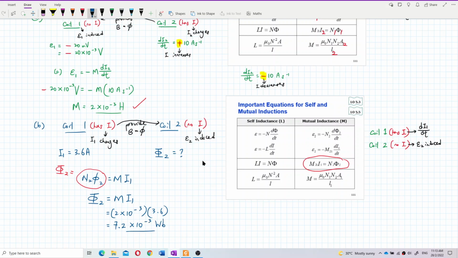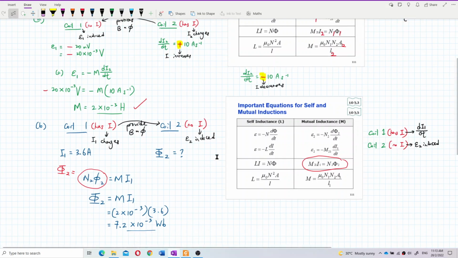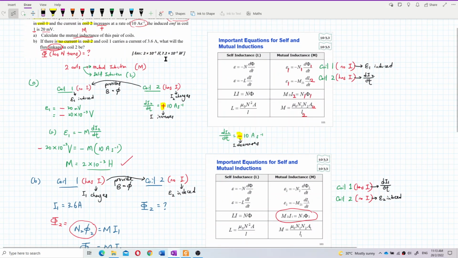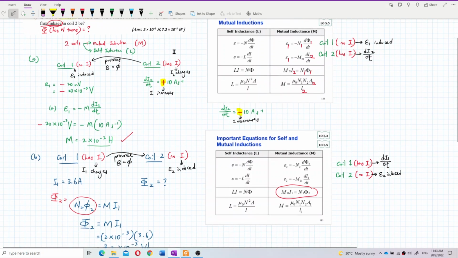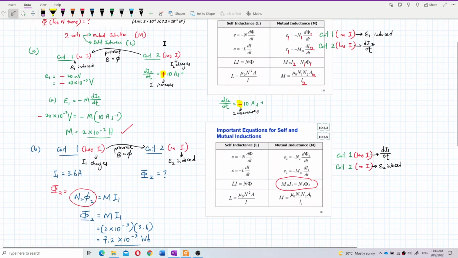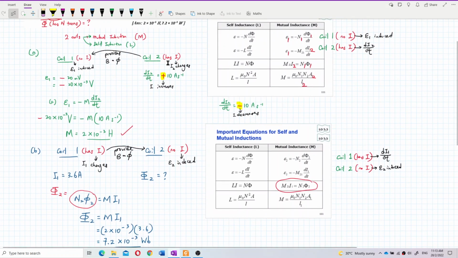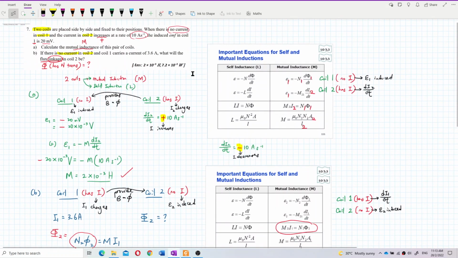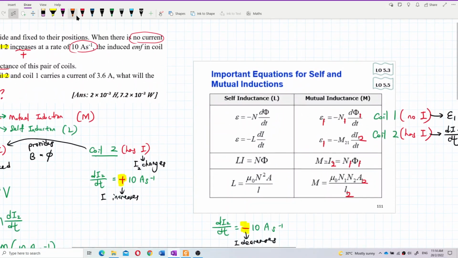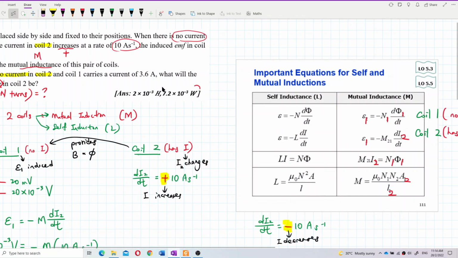That's the answer. The unit I wrote before was wrong: it's weber, not watt.